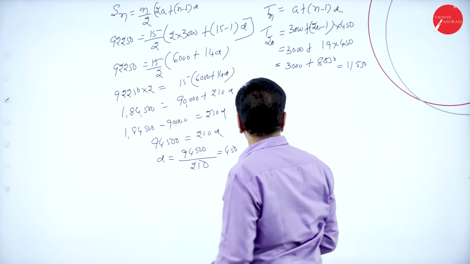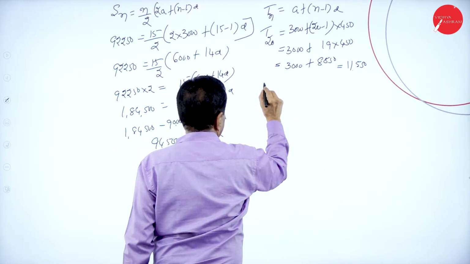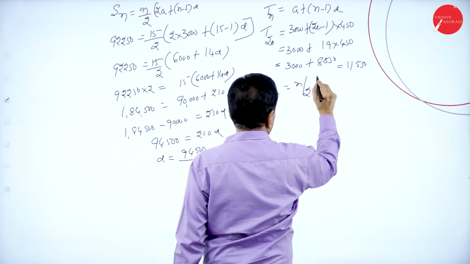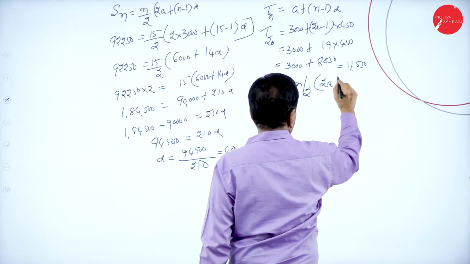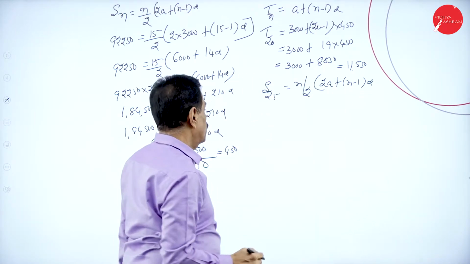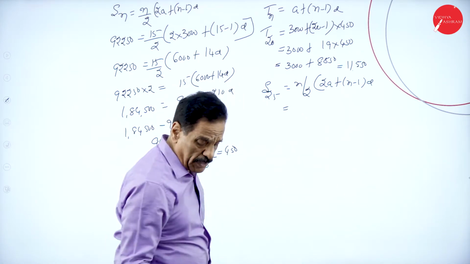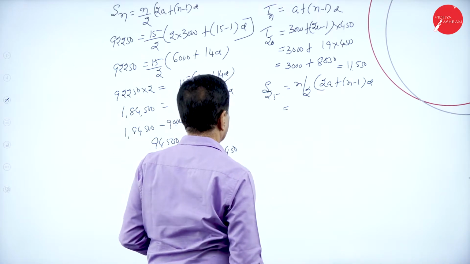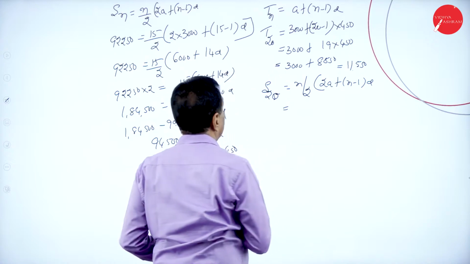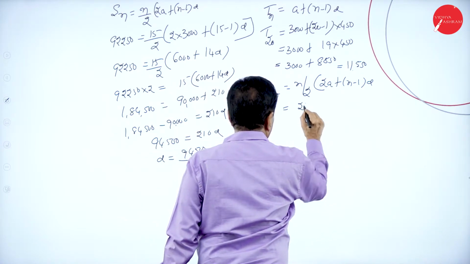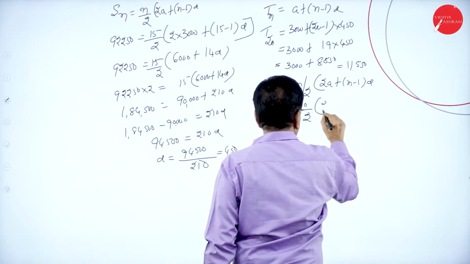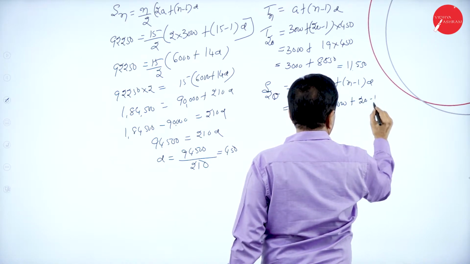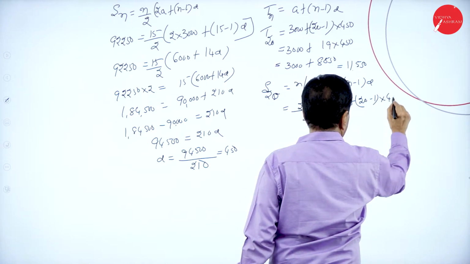Then for the 20th year, he wants the summation. S20 is equal to n by 2 into 2a plus n minus 1 d. So 20 by 2 into 2 into 3,000 plus 20 minus 1 into 450.